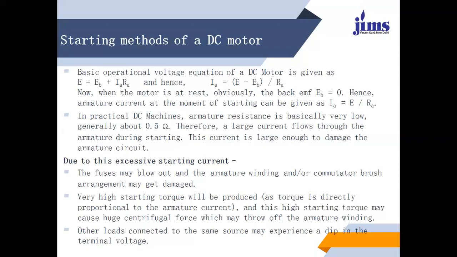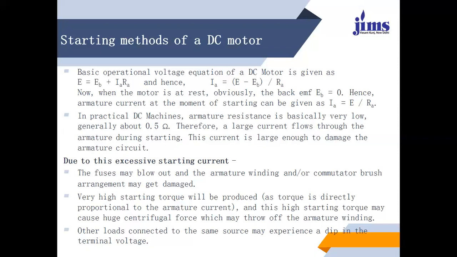Due to this excessive starting current, the fuses may blow out, and the armature winding or the commutator-brush arrangement may get damaged. A very high starting torque will also be produced, as torque is directly proportional to the armature current, and this high starting torque may cause high centrifugal force which may throw off the armature winding.